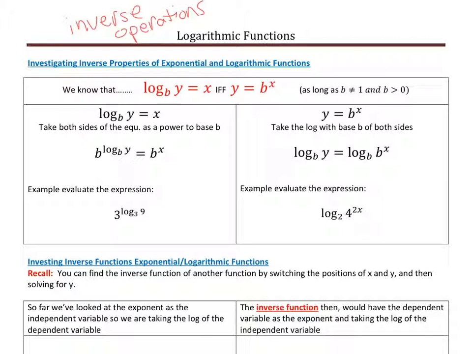Why do we use inverse operations? We use inverse operations all the time to solve equations, to basically pull any operations away from an unknown variable and basically isolate that unknown so that we can solve for it. And that's why we use inverse operations.